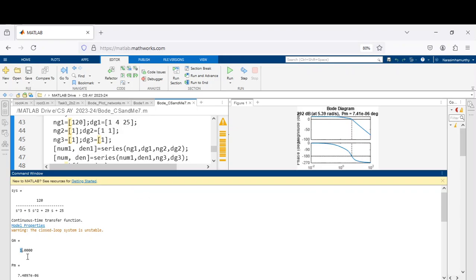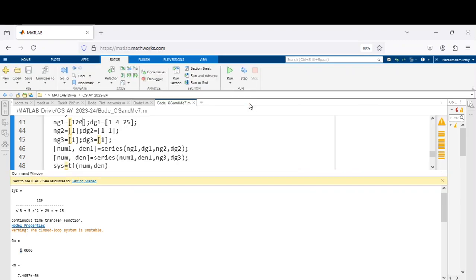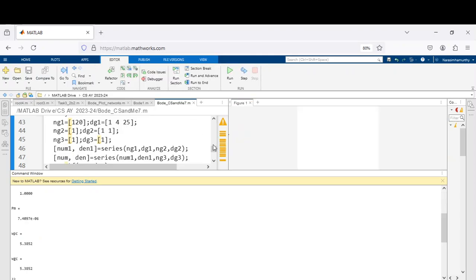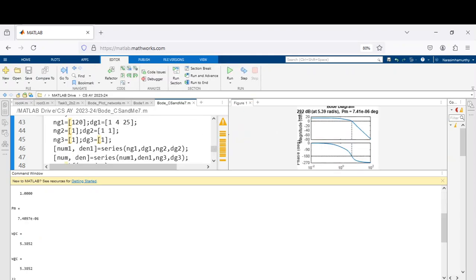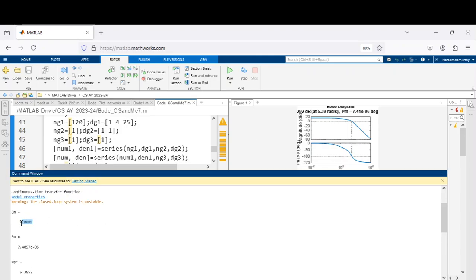So this is 0 dB. Let me just run it again. Okay, this is not 292 dB, this is actually 0, because here you can see the gain margin is 1, and 20 log of 1 is 0.